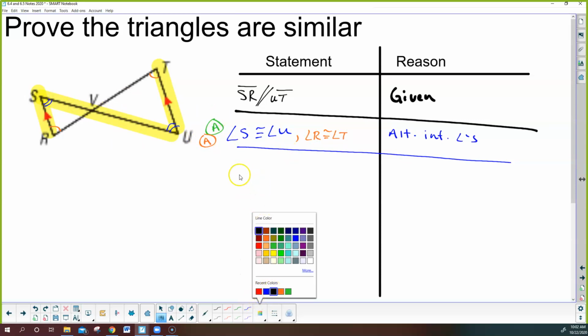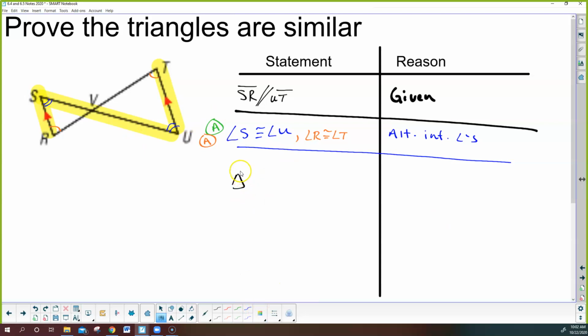I just got to state that the triangles are similar. Now you do have to follow the correct order. So S to V, or you can start anywhere. If I start at S though, triangle S, let's see, S and U match up.